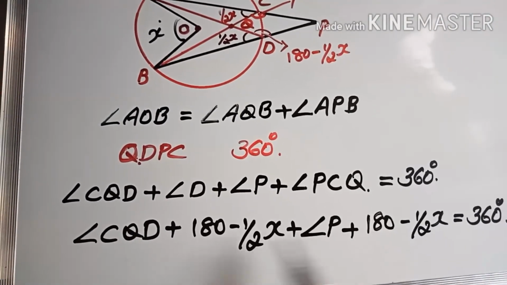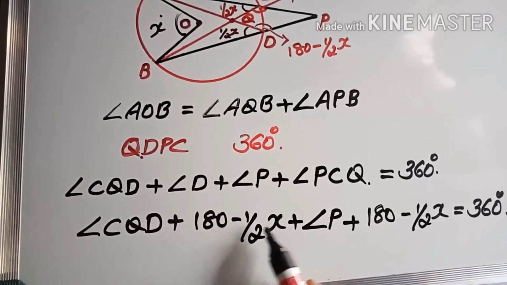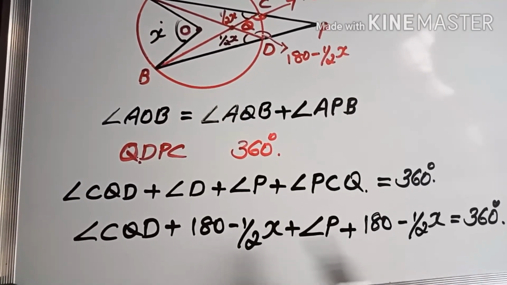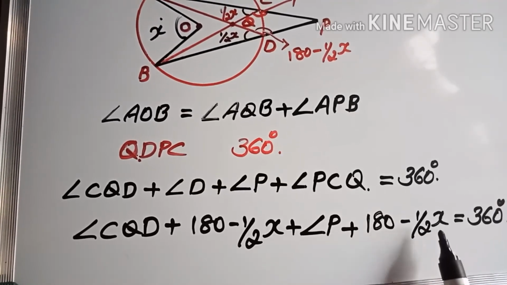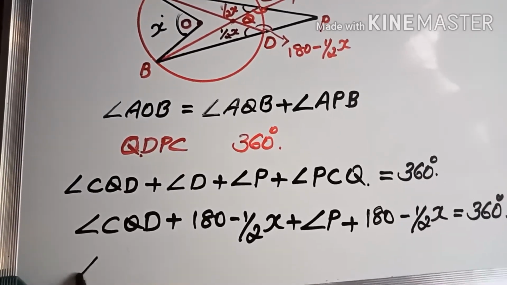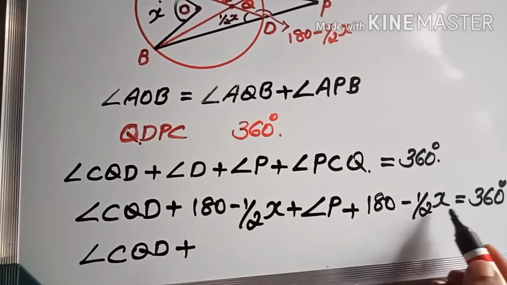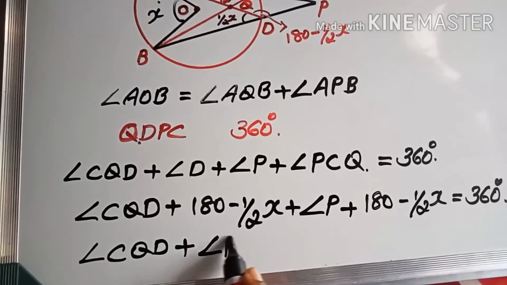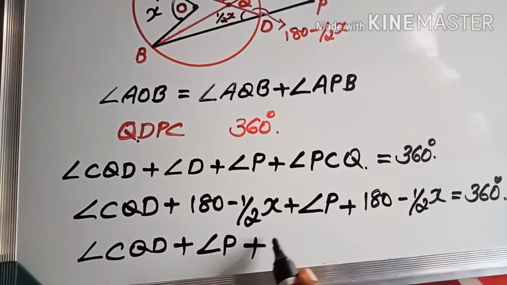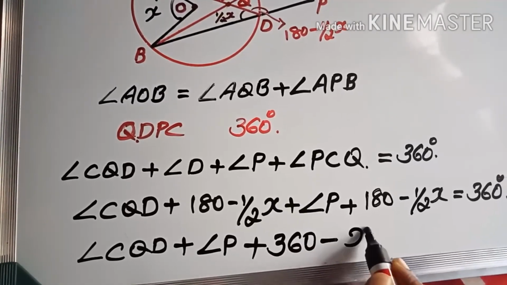Now add these: 180 plus 180 is 360, and minus half x and minus half x, same sign, so adding half x plus half x gives x. So angle CQD plus angle P plus 360 minus x.